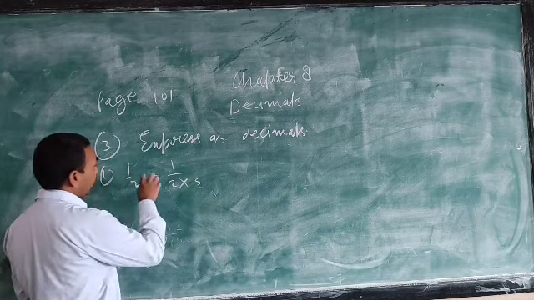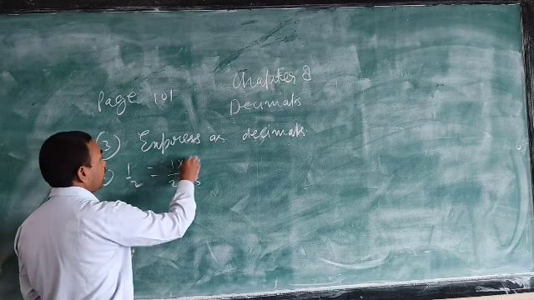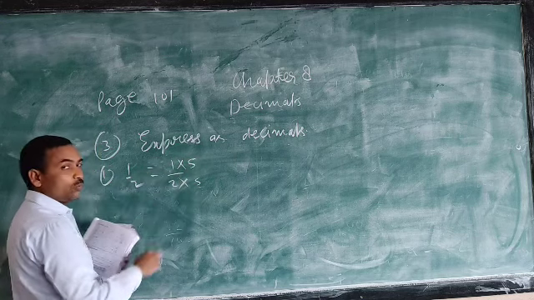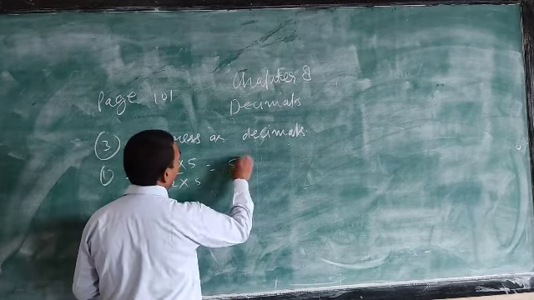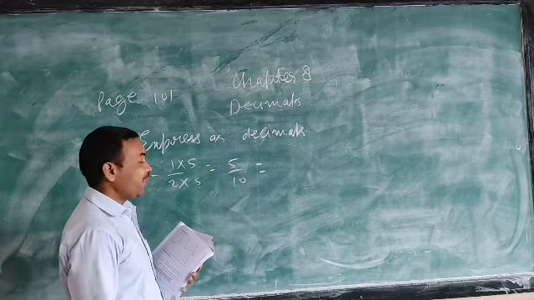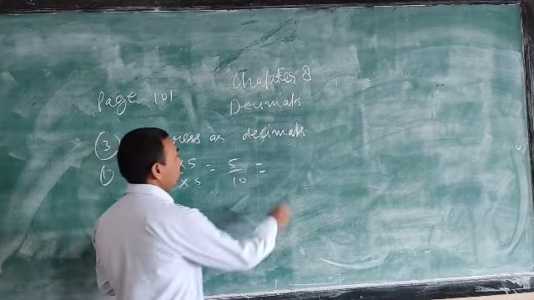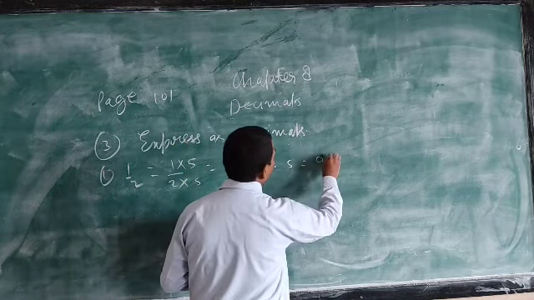Multiply by 5. If here you multiply by 5, the numerator also should be multiplied by 5. Then both are equal. So this is 5 by 10 and this can be written in decimal form easily. 5 tenths means 0.5.